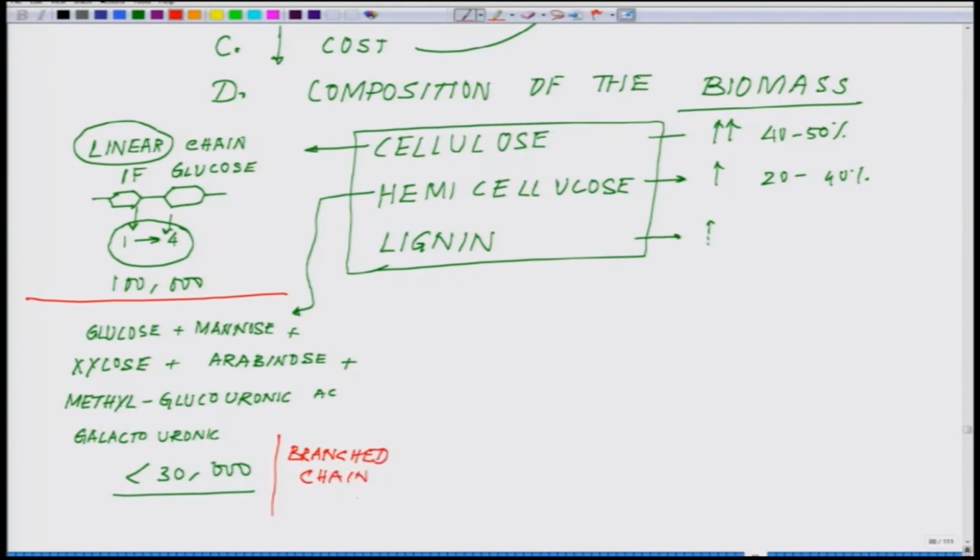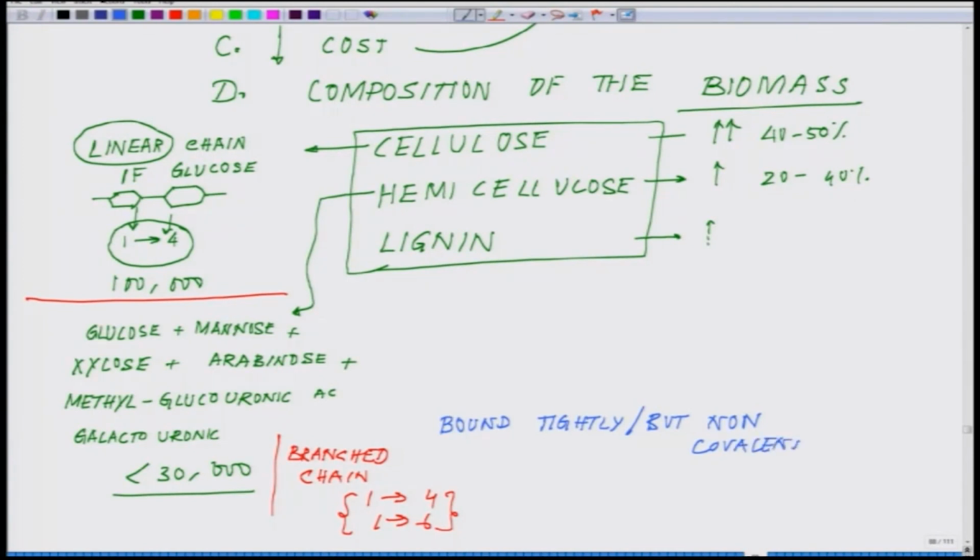So, it will have possibly 1,4 as well as 1,6 linkages, which I have already discussed with you during photosynthesis. Okay. And these hemicelluloses are bound tightly but non-covalently to the surface of the cellulose, tightly, but this is very important, but non-covalently.